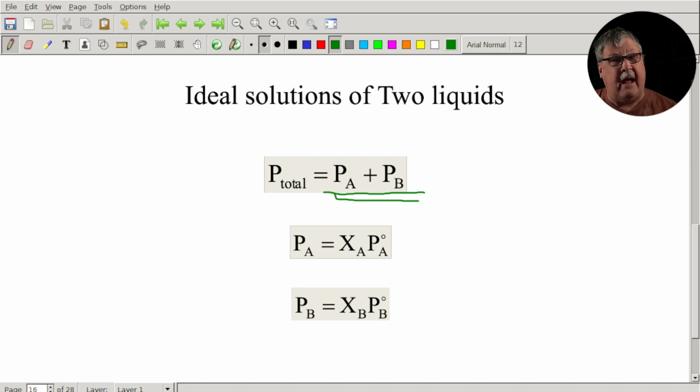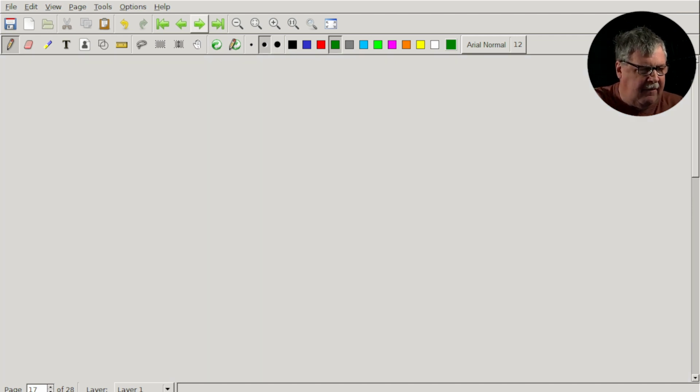Say, for example, we have a mixture of water and ethyl alcohol. Then the total vapor pressure over the solution is the sum of the two vapor pressures. And we can figure out the contribution of each component from the mole fraction, assuming ideal behavior.